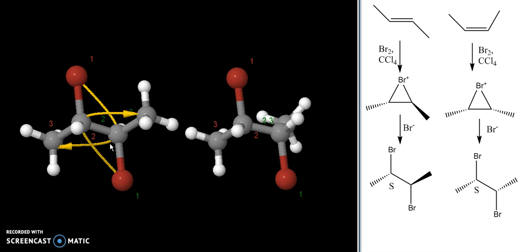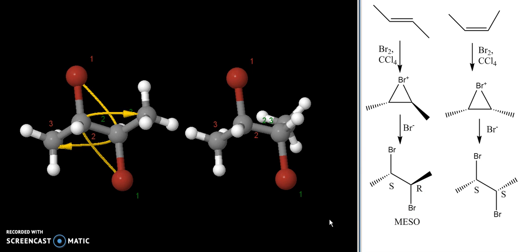So this is going in that direction, which is clockwise, making this stereocenter R. So this one is SR. The other stereocenter in my cis is the opposite of this. So this is S, so we have our SR and our SS. And as we know, it's going to be the SR compound that is the meso compound.